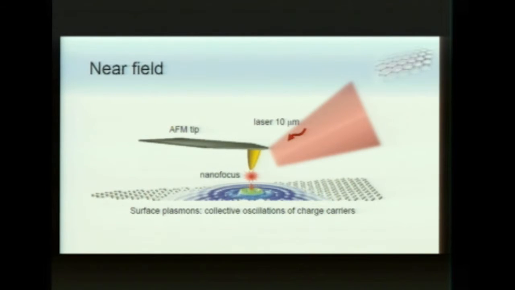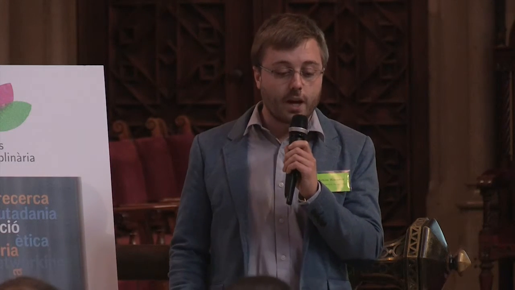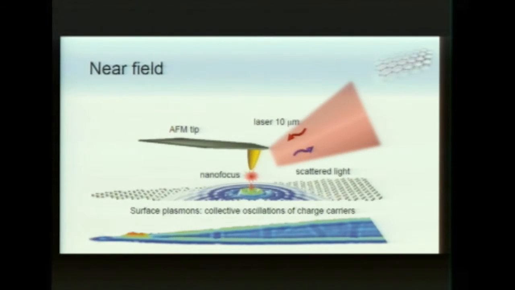By scanning this tip over the graphene device, we can map out these plasmons in real space and get a high-resolution image of our device, as can be seen here. To do this, we have to look at the light scattered back from the graphene, and detect this. So this is the near-field imaging technique we use for high-resolution imaging of graphene devices.